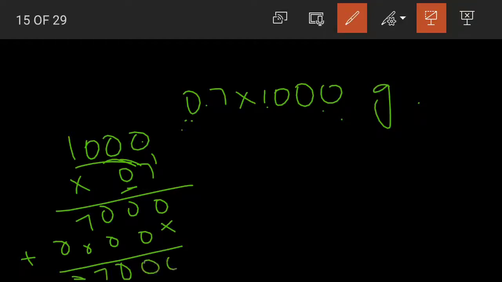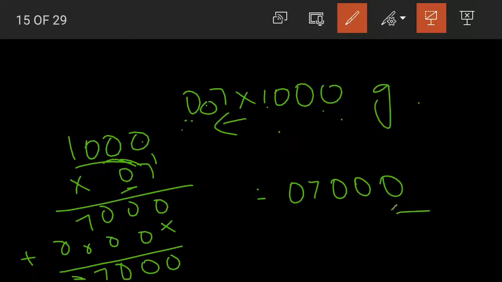So our total answer would be 7000. Yes, 7 into 1000 is equal to 7000. But here we are having a point after one digit from the right. So we'll place our decimal point after one digit from the right. So 700 grams. 0.7 into 1000 is equal to 700 grams.